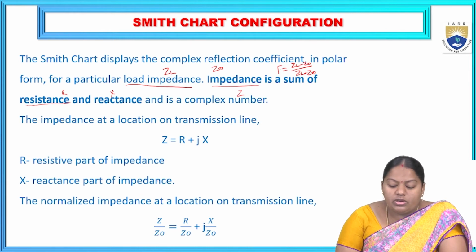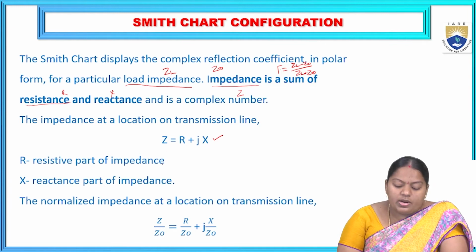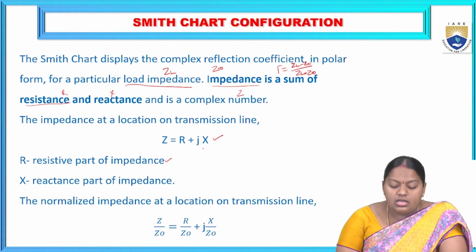The impedance at a location on a transmission line is given by Z = R + jX, where R is the resistive part of the impedance, the real term, and X is the reactance part of the impedance, the imaginary term.